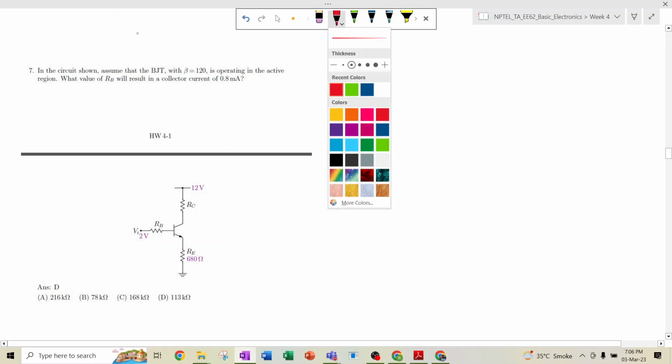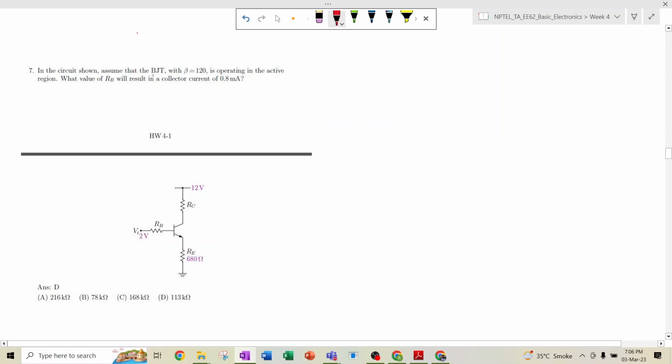So in the circuit shown, assume that the BJT with beta 120 is operating in the active region. What value of RB will result in a collector current of 0.8 milliampere? Here the input voltage is 2 volt. Whatever I have told already, this is the base, this is the emitter, and this is the collector.